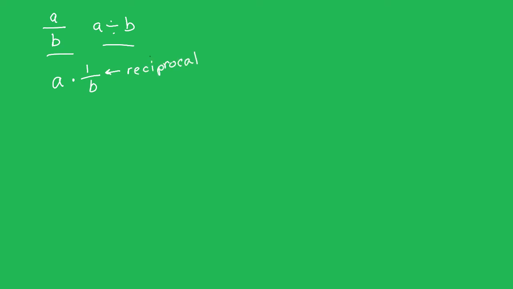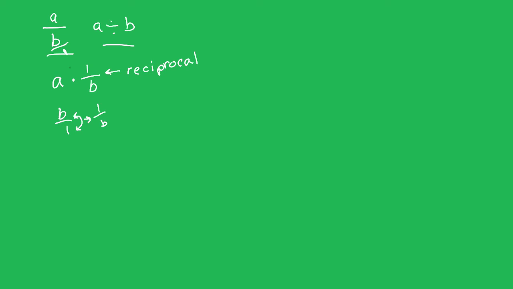What we're doing here is we're taking the first number, and then we're taking the second number and flipping it. So this bottom number, it's really b over 1. You can imagine it as b over 1. So then you take that b over 1 and you flip it, and that's what we do with the reciprocal. It's just the number flipped is the reciprocal. So we take the b and put it on bottom, and the 1 and put it on top.